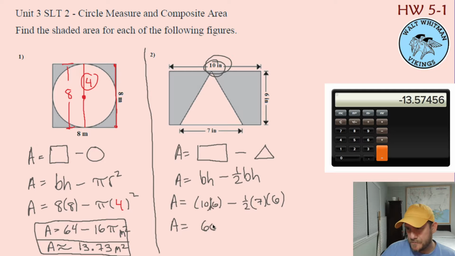That's 60. And what do I do over here? Probably I would do 6 times 7. You guys should know off the top of your head that's 42. And then take half of that. So half of 42 is 21. And then 60 minus 21 is 39. And it's 39 square inches.